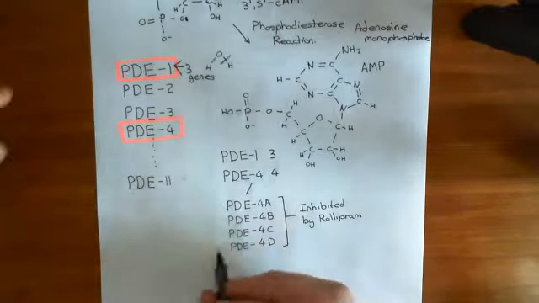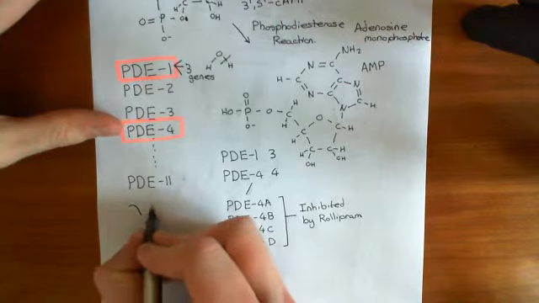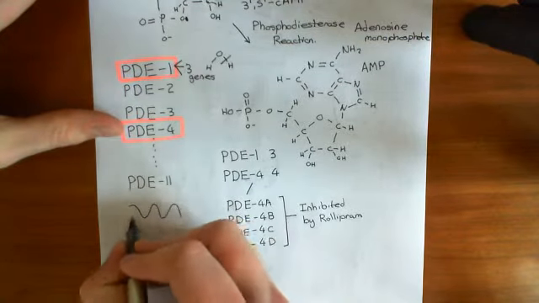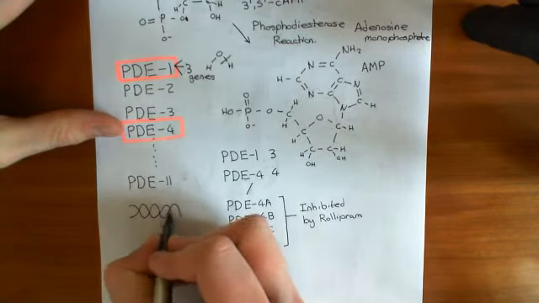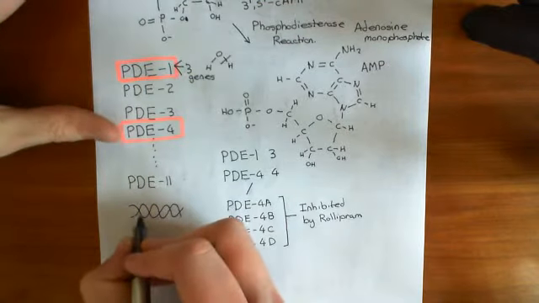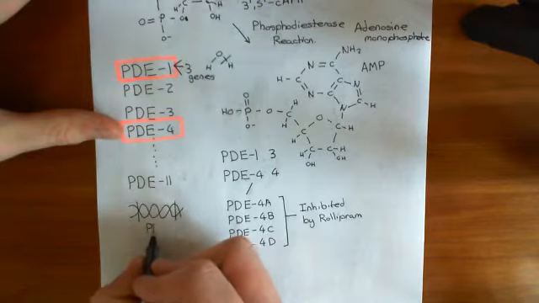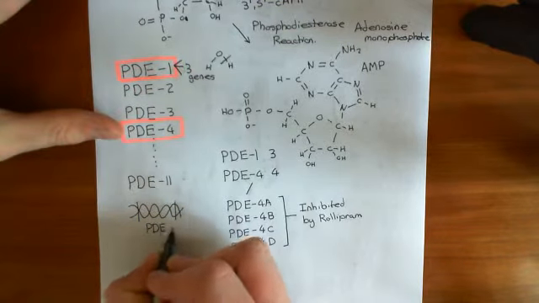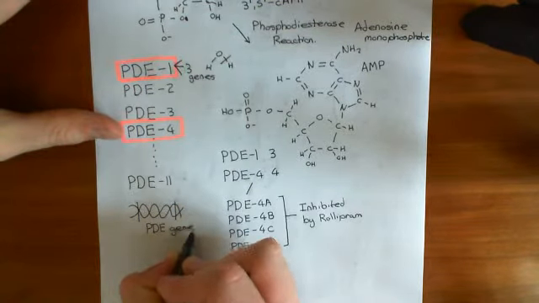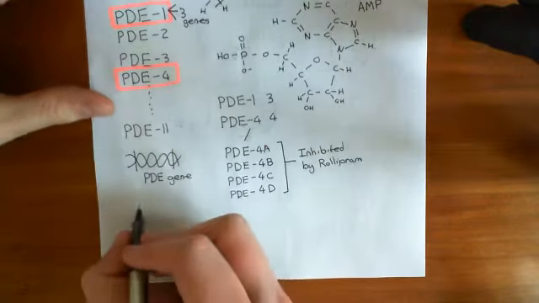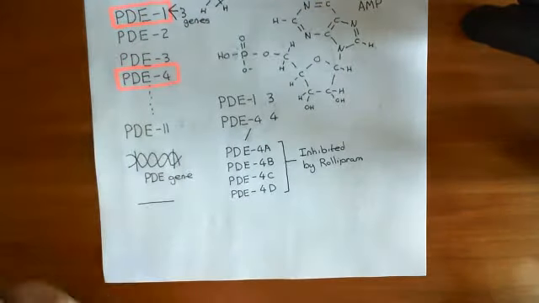So let's say we have our gene over here. The gene codes for RNA, basically. So the gene is going to be transcribed. Let's say this is our phosphodiesterase gene, PDE gene. The gene is going to be transcribed and turned into mRNA. So here's our piece of mRNA.